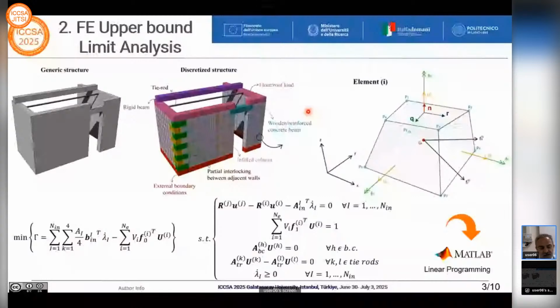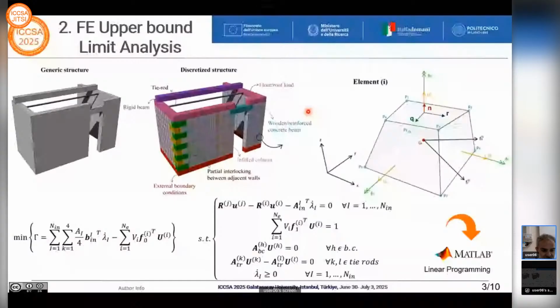ACCOLADE stands for the acceleration determination at collapse of masonry buildings under horizontal loads, so it's a sort of acronym, and is quite developed because it's very user-friendly.